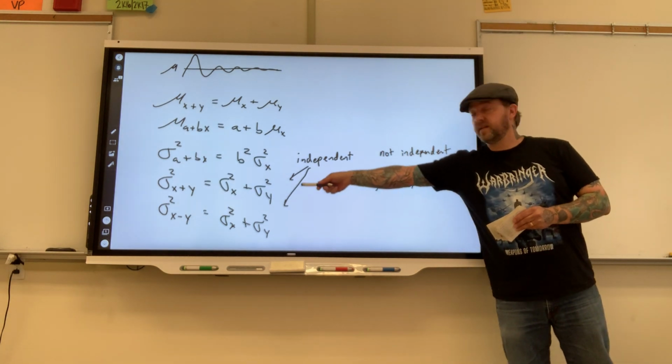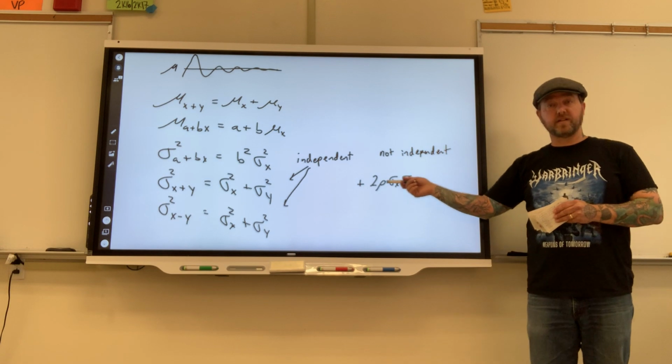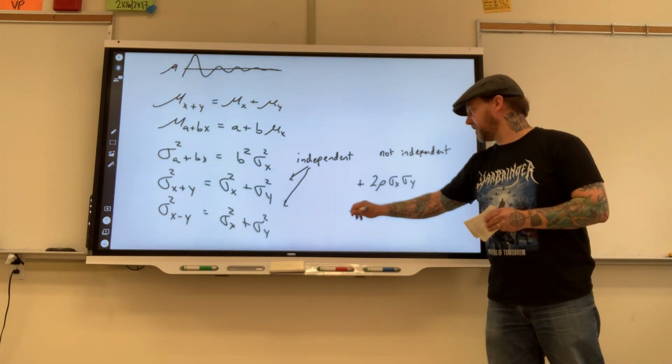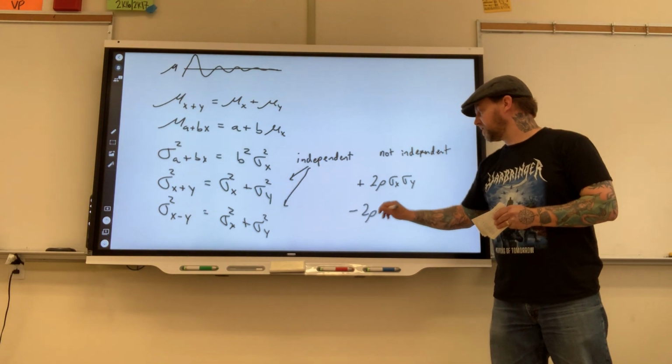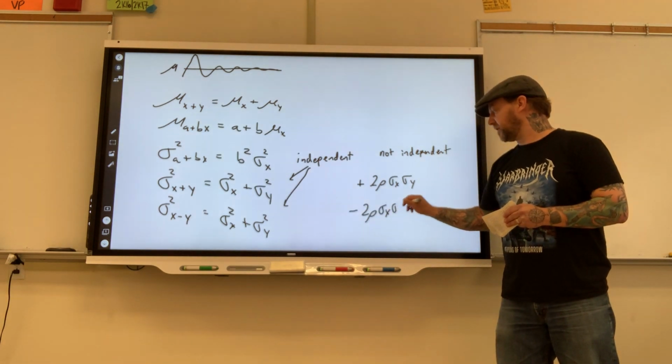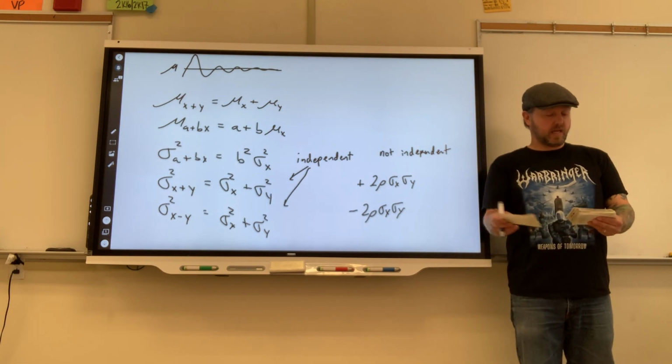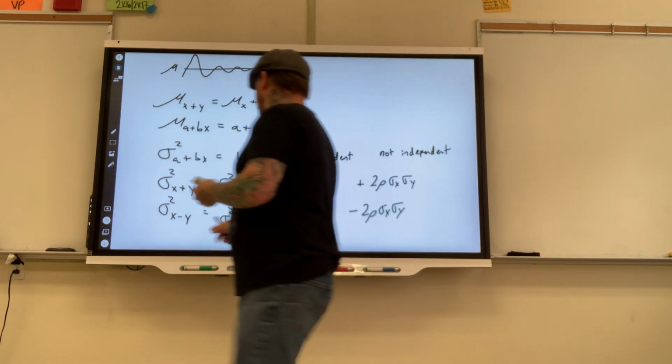So if I'm adding two together, plus 2 rho sigma x sigma y; if I'm subtracting, it's going to be minus 2 rho sigma x sigma y. Okay? All right, moving on.